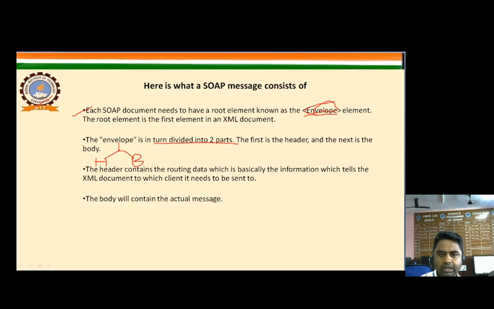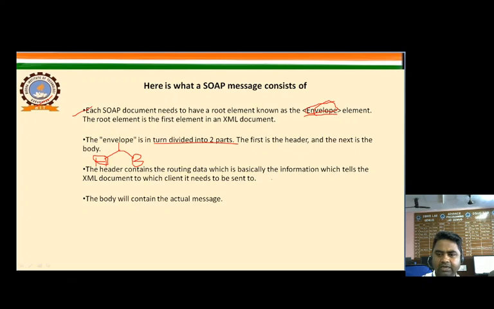Again the header, this one means the header contains the routing data, which is basically the information which tells the XML document to which client it needs to be sent, and the body will contain the actual message.